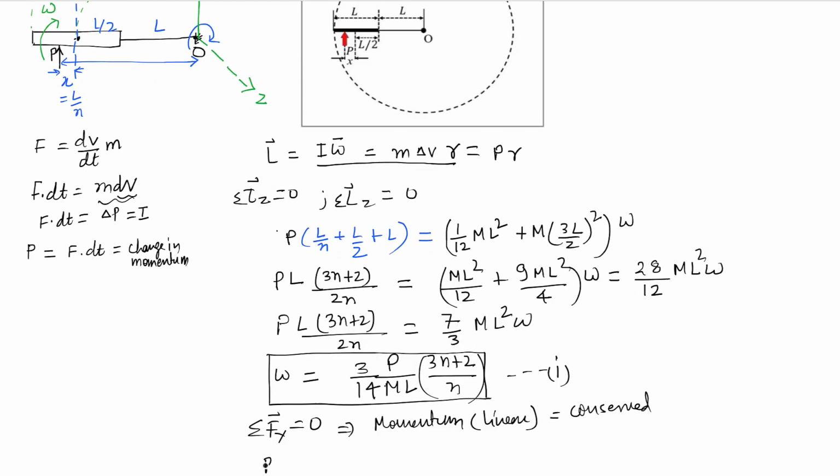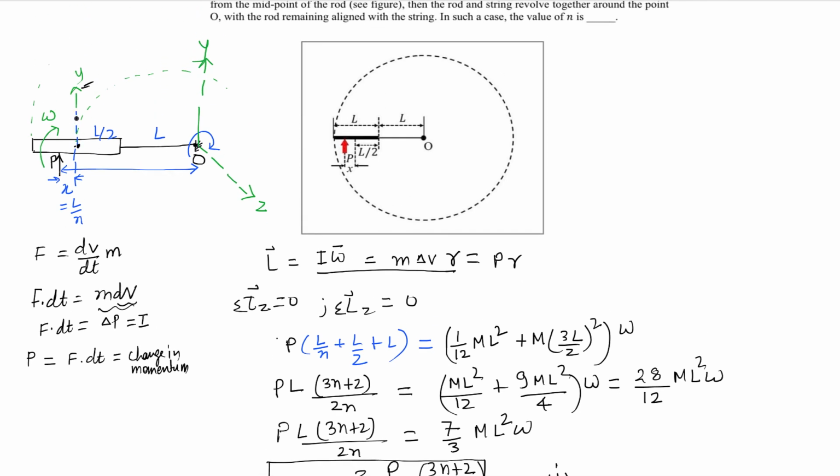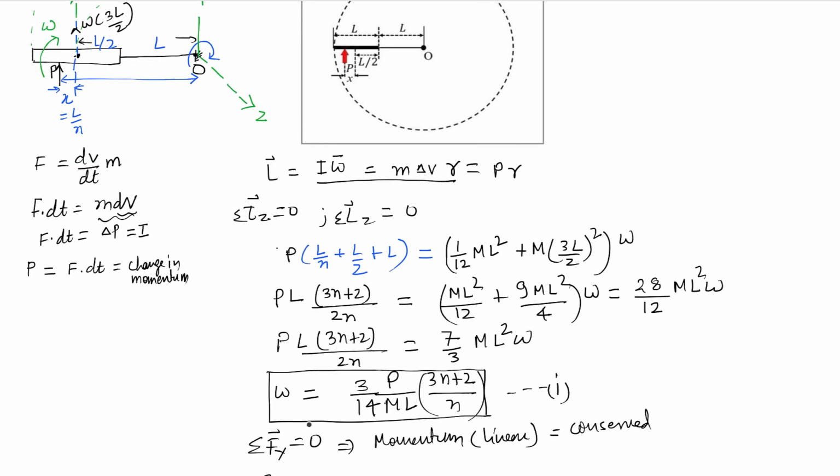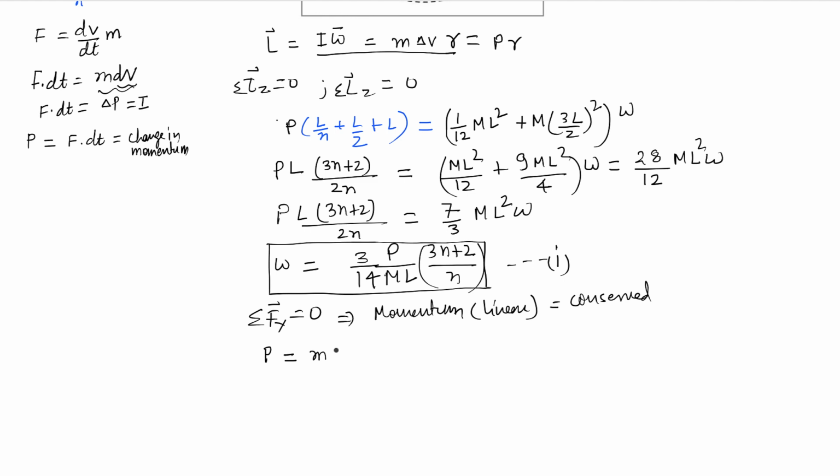P equals the change in momentum, equal to mv. What is v? v is the velocity of the center of mass, which is omega times 3L by 2, because of this distance right here. Therefore, P equals m times 3 omega L by 2.